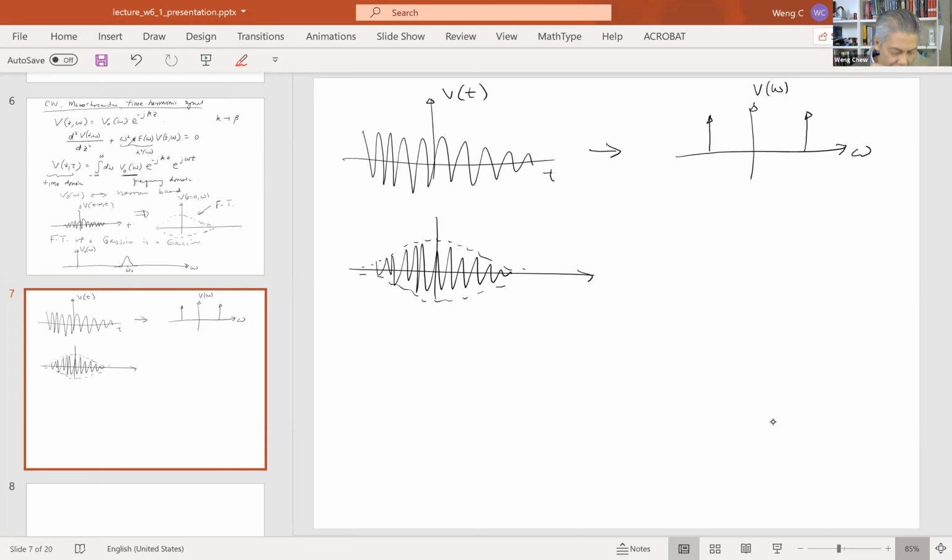If you multiply something, I can get from A to B with the multiplication. I can multiply A with a Gaussian pulse, a Gaussian shaped function. I will get B. And if you multiply something in the time domain, what are you supposed to do in the frequency domain? Convolution. Convolution, very good.